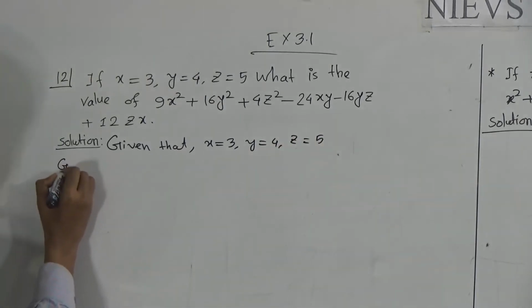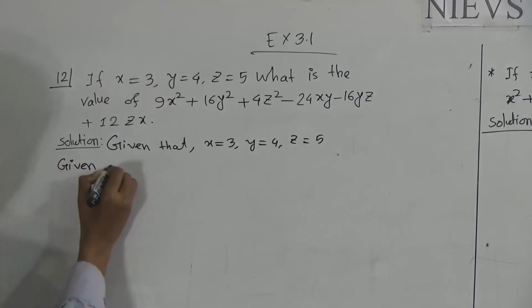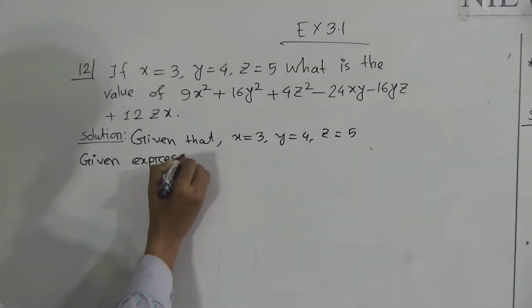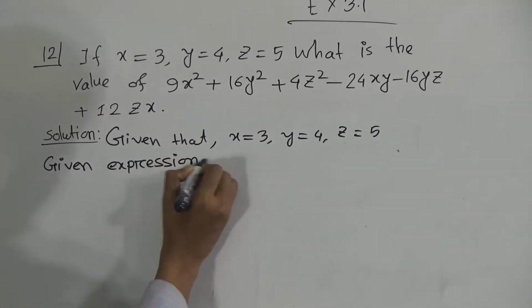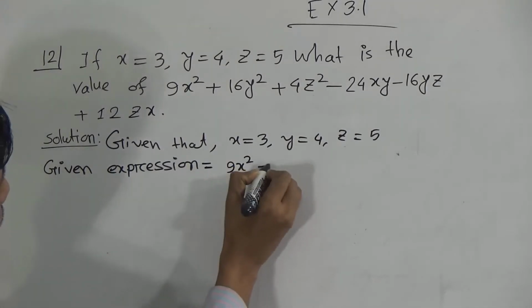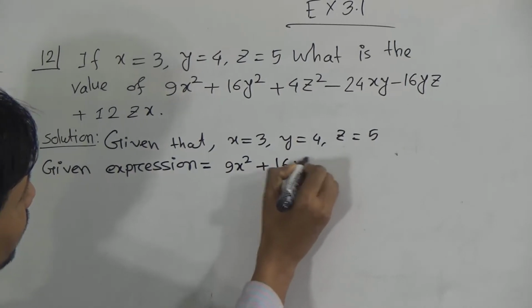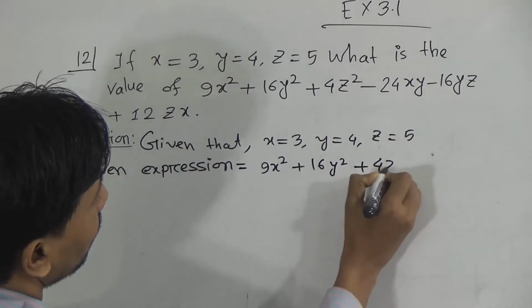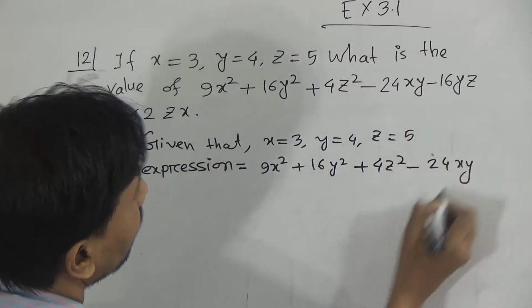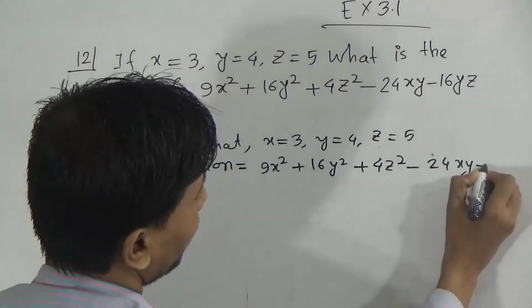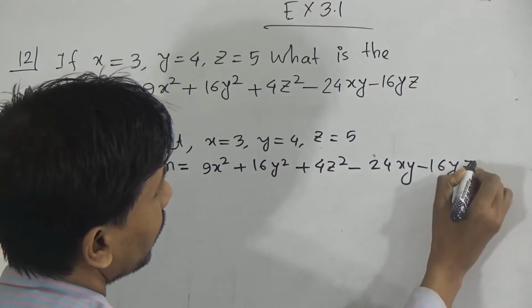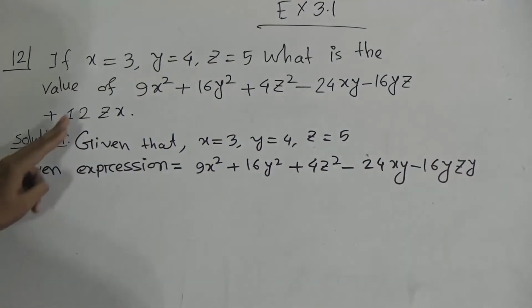Given expression is 9x square, 16y square, plus 4z square, 24xy minus 16yz plus 12zx.